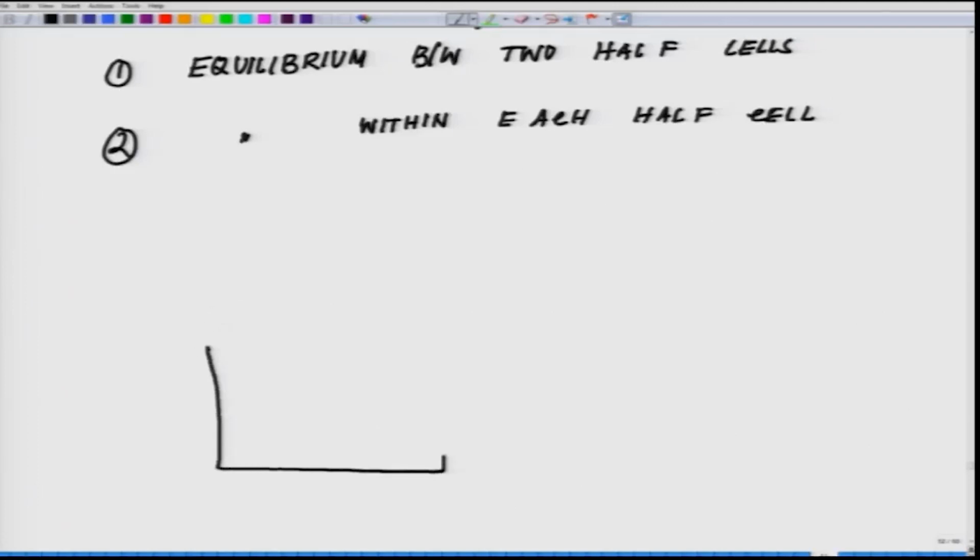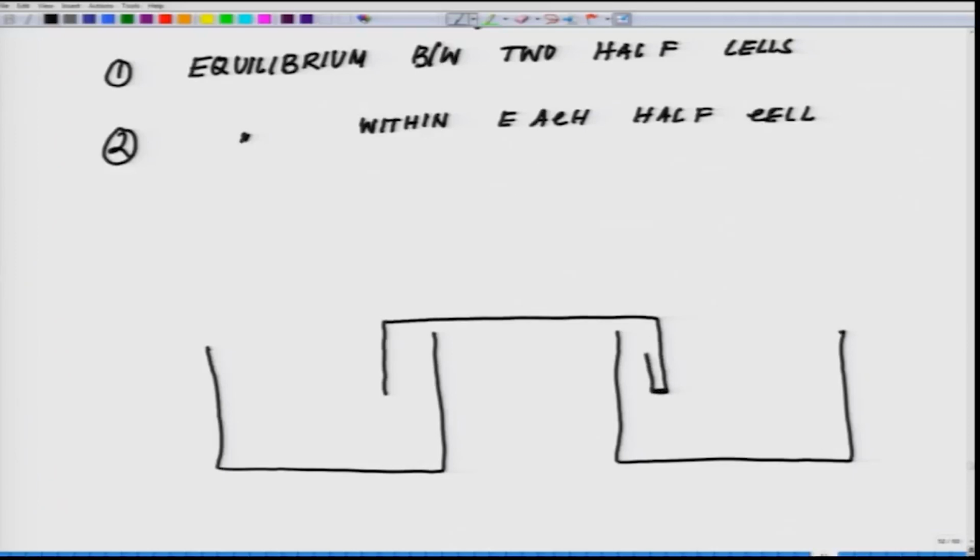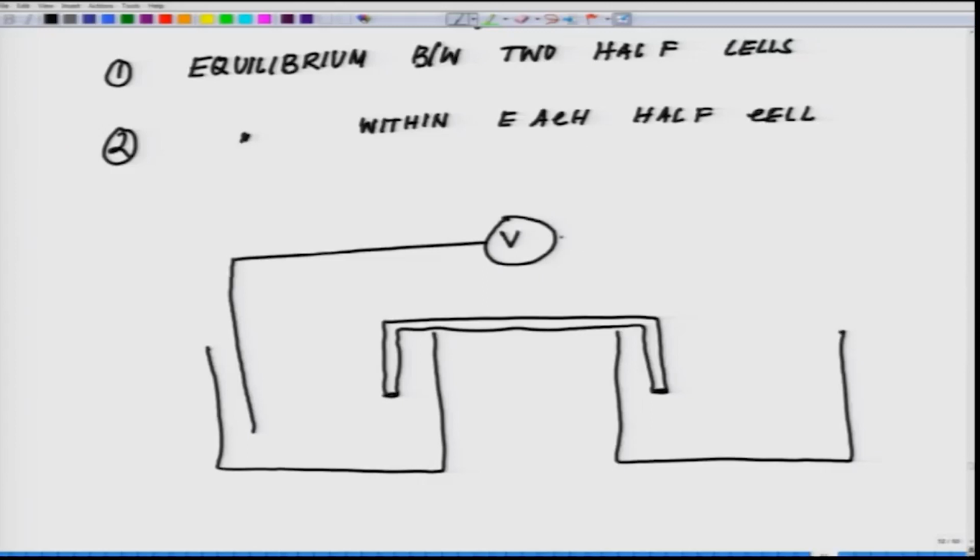So, here is one cell, here is the next cell. Okay. So, these two cells are connected with a salt bridge, and you have a voltmeter connected there, and on your right hand side you have the silver electrode, which is the AgCl electrode.